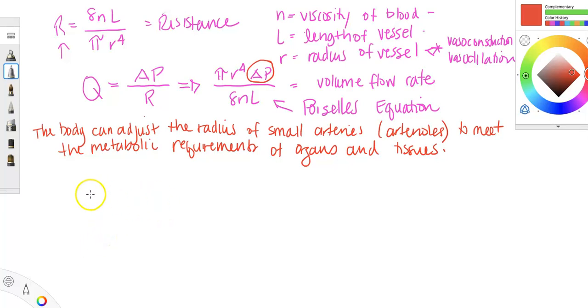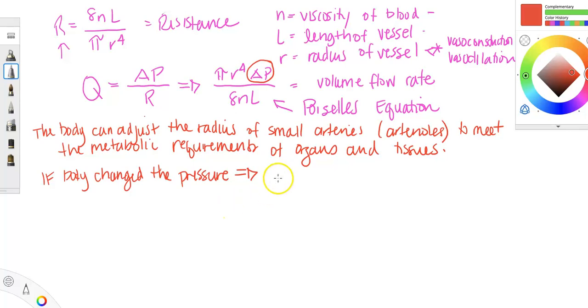So if the body changed the pressure, what would happen? So if we're trying to get more blood somewhere and we're just changing pressure rather than the resistance, which is manipulating the size of the diameter.